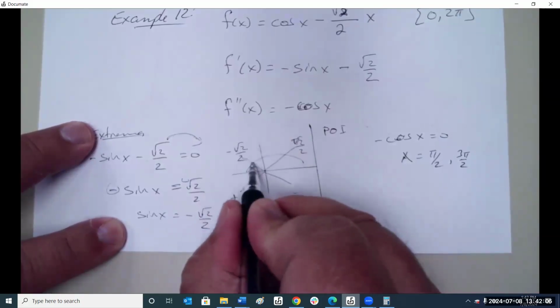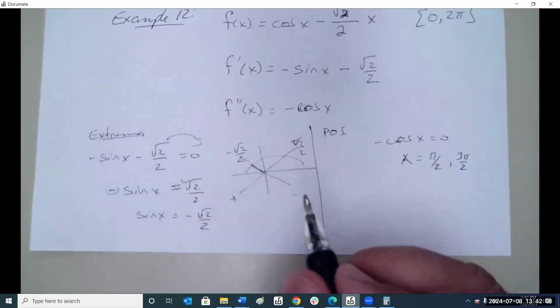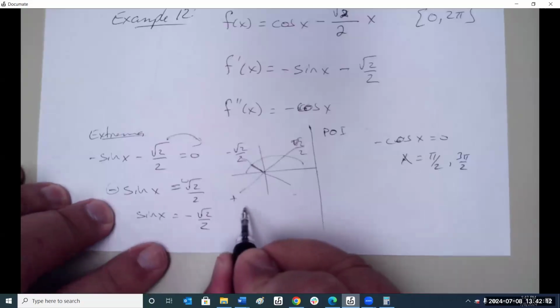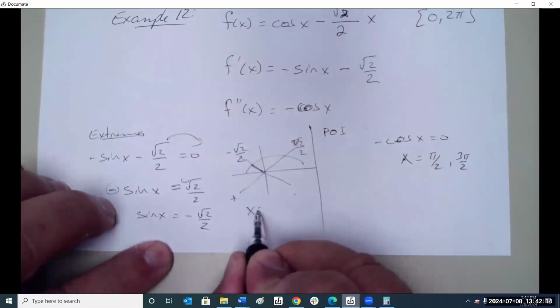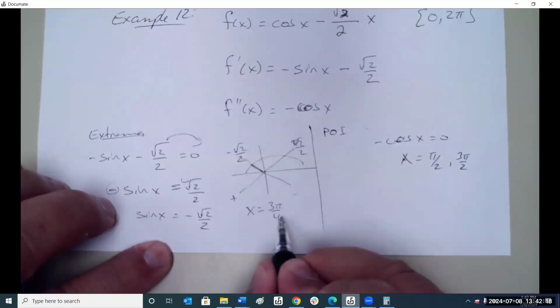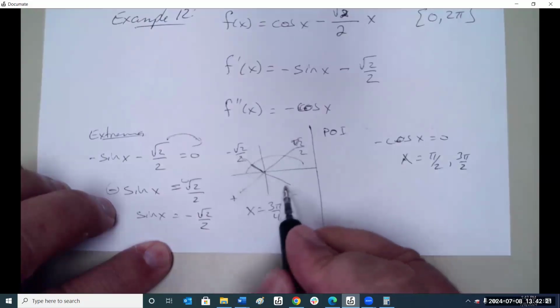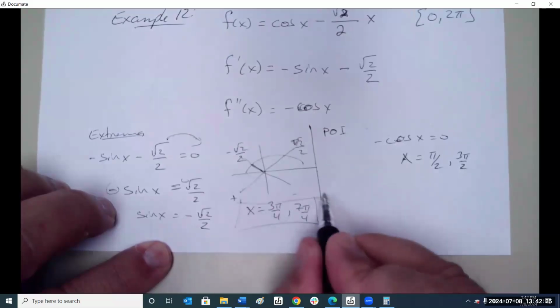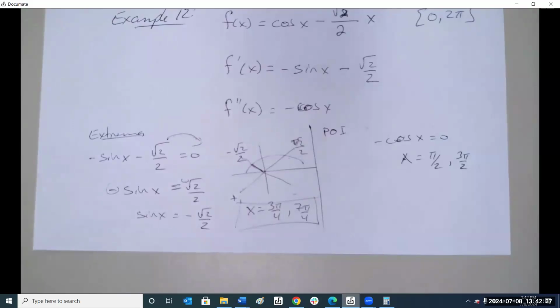So we want it at x equals pi/4 to 3 pi/4, 5, 6, and then that's 7 pi/4. Those are where our vertices equal negative square root of 2/2.